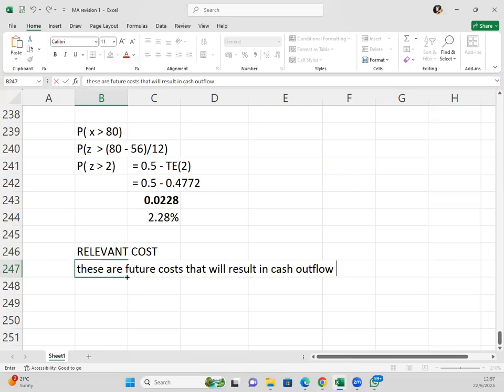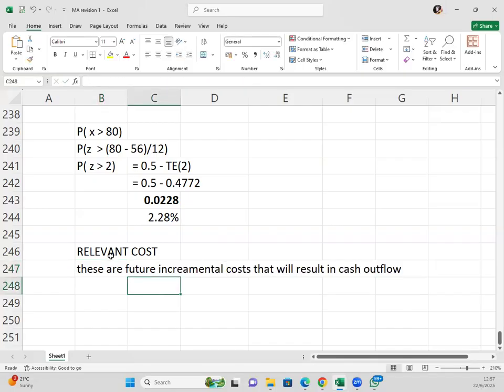You can say future incremental costs. These are future incremental costs that will result in a cash outflow. So if you are looking at relevant costs, number one, they should be future costs. By them being future costs, the relevant costs must be incurred in the future.